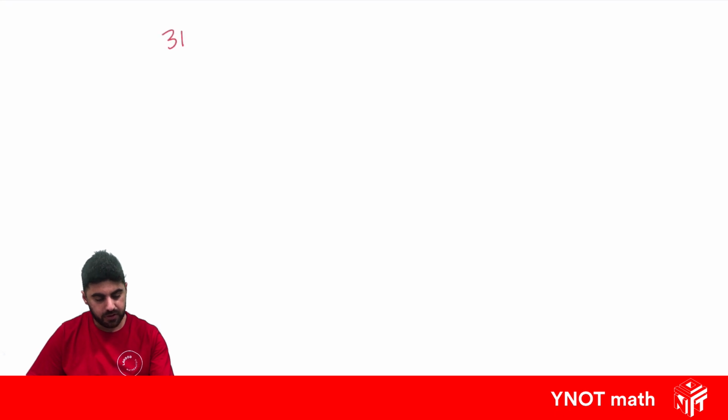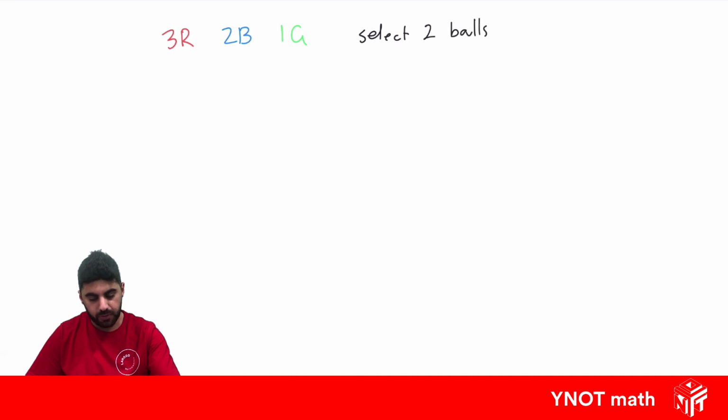So we're going to have 3 red balls in a bag, 2 blue balls, and 1 green ball. And we want to select 2 balls from the bag, replacing the balls with each selection.